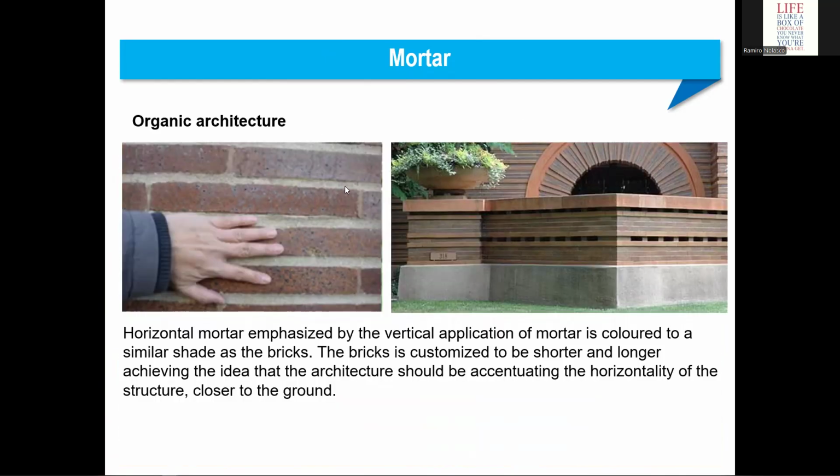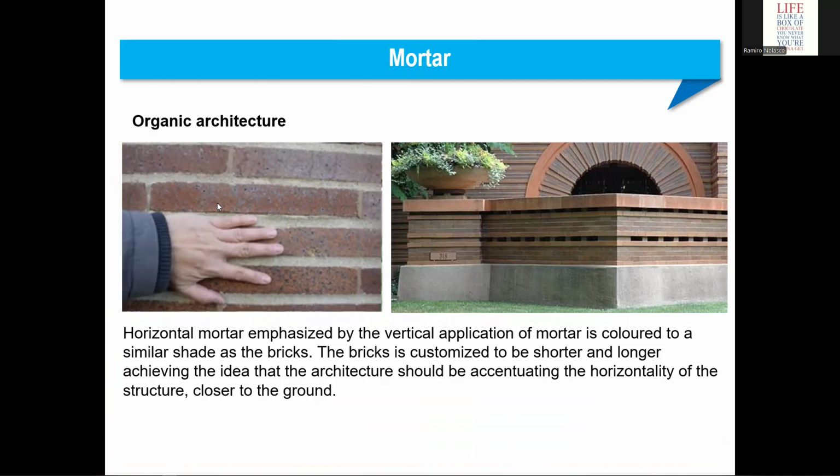Now, Frank Lloyd Wright, one of my favorite architects, created his own brick. Look at the length of this to accentuate the horizontality of the building. He likes the building to be connected to the ground, parallel to the ground or the earth. Now, if you didn't notice, look at the mortar.